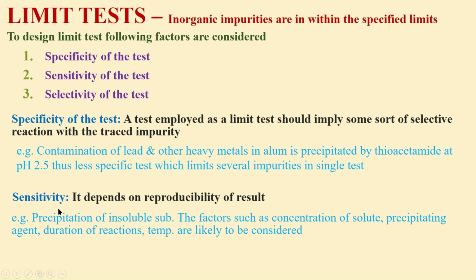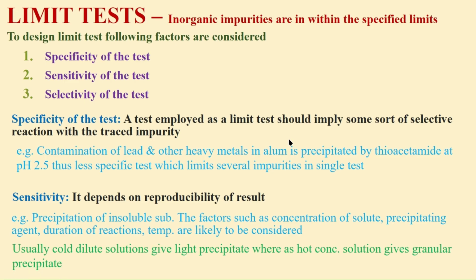All of these affect the sensitivity of the reaction. That's why all these factors have to be standardized when we design these limit tests. Usually, a cold dilute solution gives a light precipitate, whereas a hot concentrated solution gives a granular precipitate.